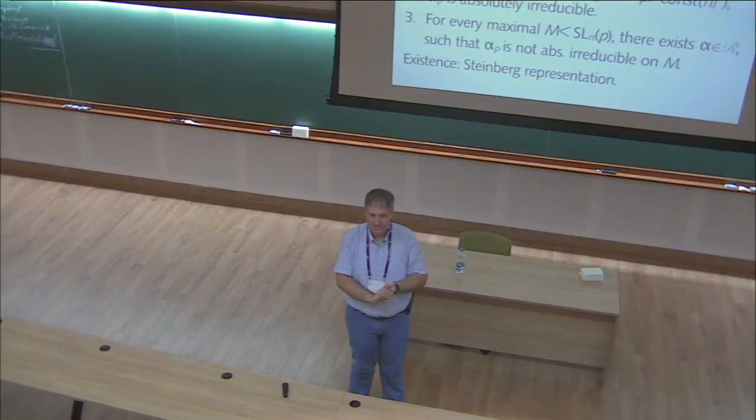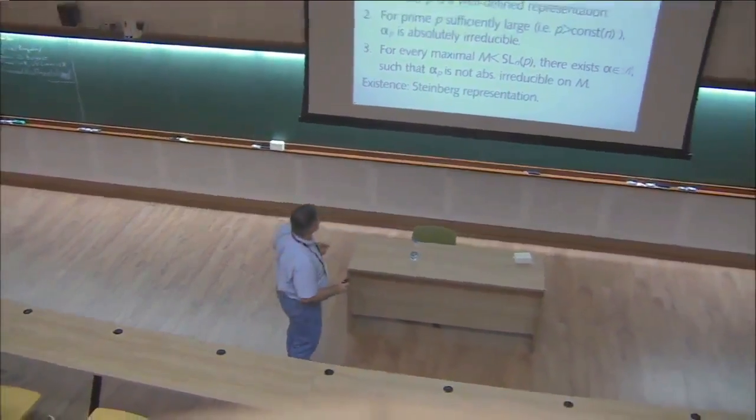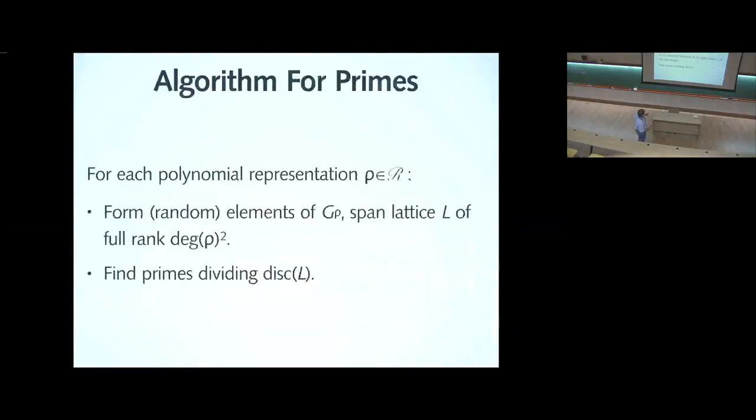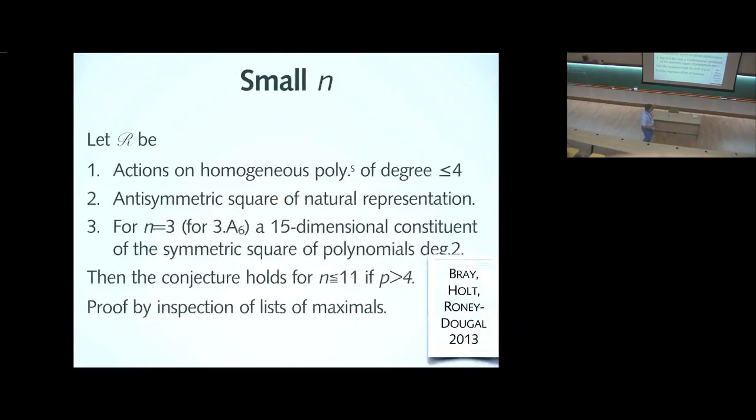The upshot is I can build these representations. I need these to be able to say that if it remains absolutely irreducible for all of these representations, then it must be SLNP.